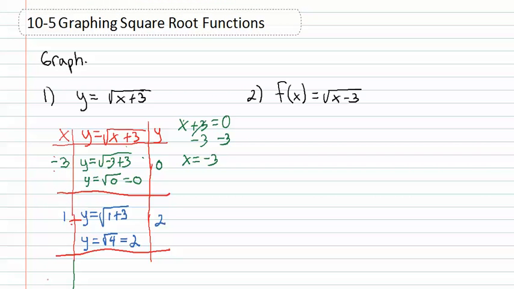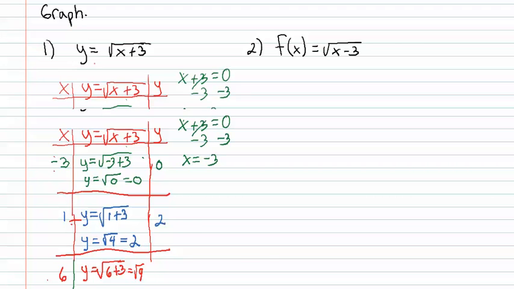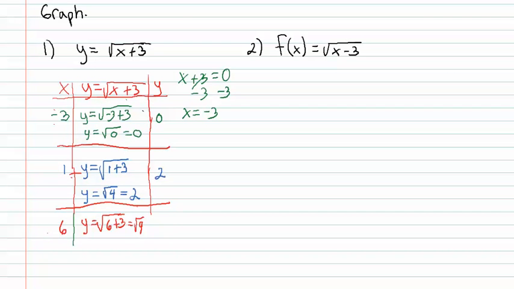It is 6. So now I have y is equal to the square root of 6 plus 3, which is the square root of 9. What's the square root of 9? The square root of 9 is 3. So that is my y value, 3.